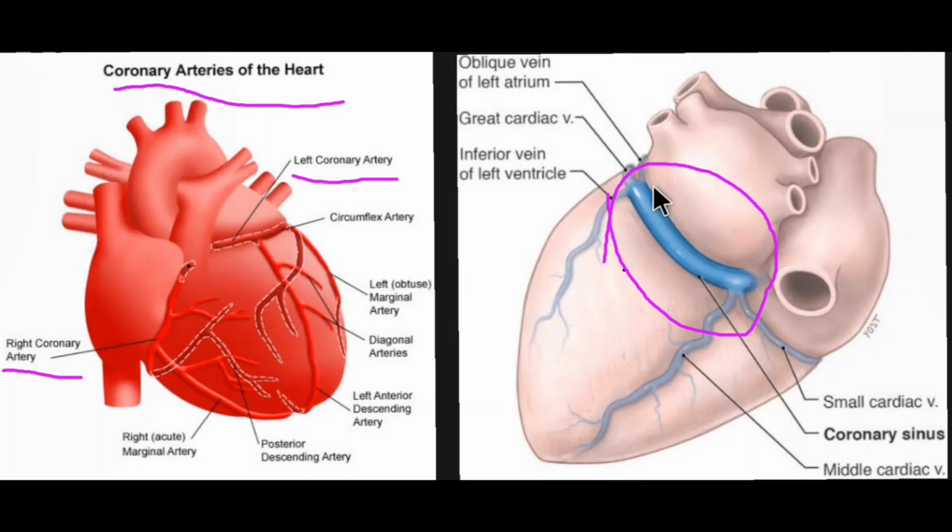But the coronary sinuses collect deoxygenated blood from the heart muscles, and after collecting, the coronary sinus enters the right atrium. Right, children? So these are the functions of the coronary arteries. The coronary arteries supply blood to the heart muscles, and the coronary sinuses collect the deoxygenated blood and enter the right atrium.